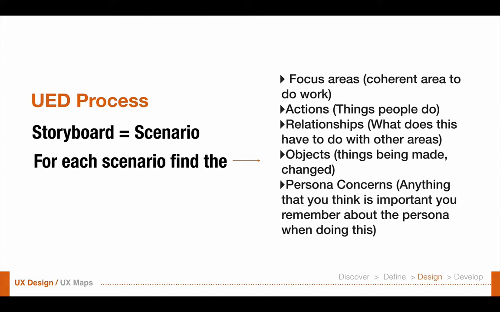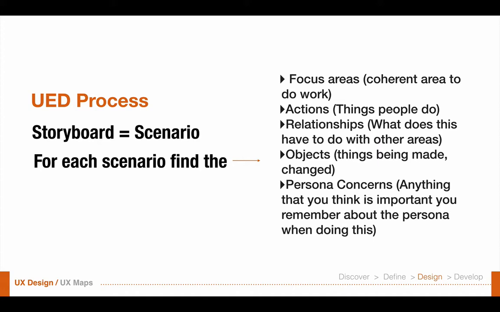And then what actions people can take in the focus area, and what relationship this focus area has with other areas, how they link together in a certain way, and then what objects are being made, manipulated, changed in this focus area during the process.